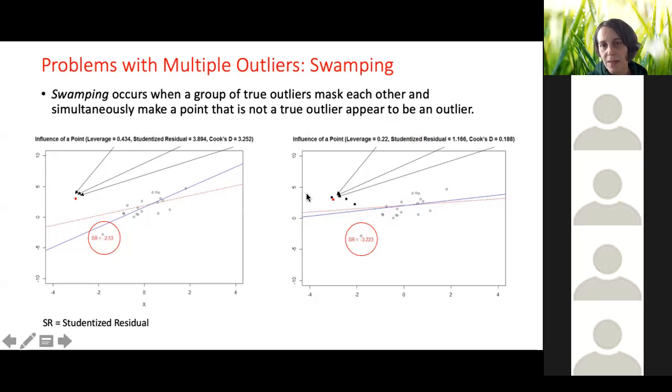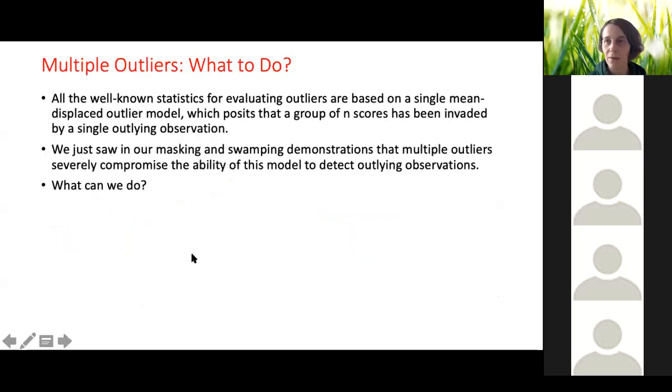Basically, we want to understand that these are outliers and those are not, and that is not always possible without any additional information. All right, so what can we do? That was the big question.